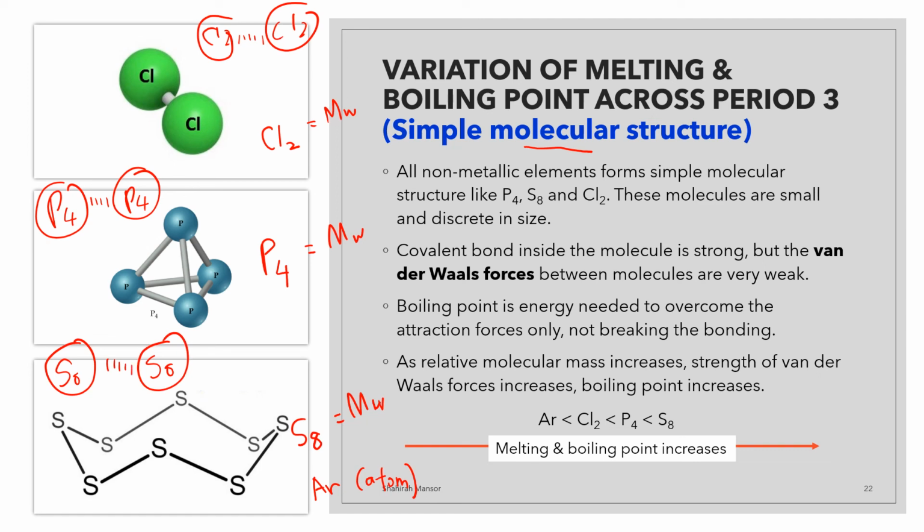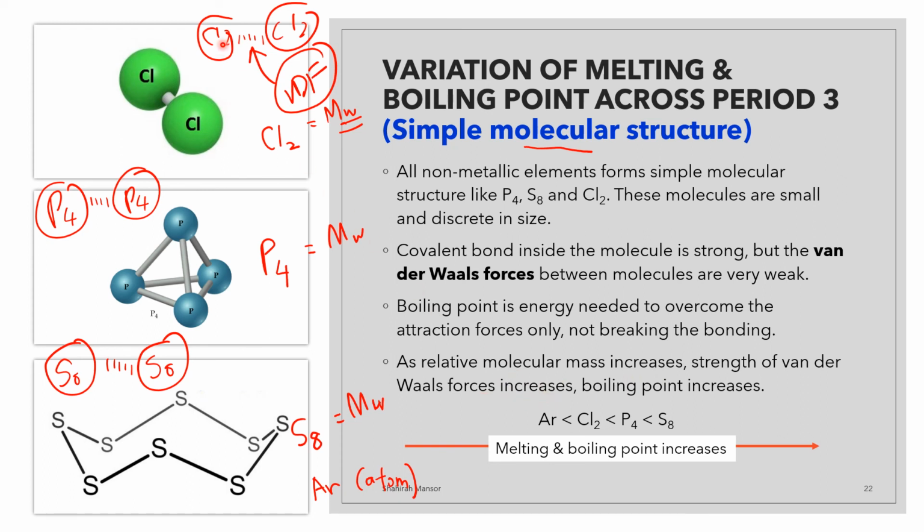So the boiling point of this non-metal akan refers kepada the strength of this van der Waals forces. So apakah yang akan mempengaruhi strength of van der Waals forces untuk molekul? It is actually the molar mass. So di sini, as the relative molecular mass increases, the strength of the van der Waals forces will increase.